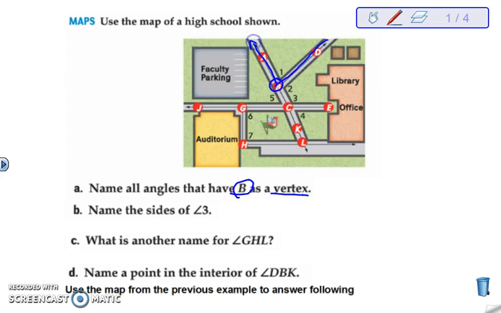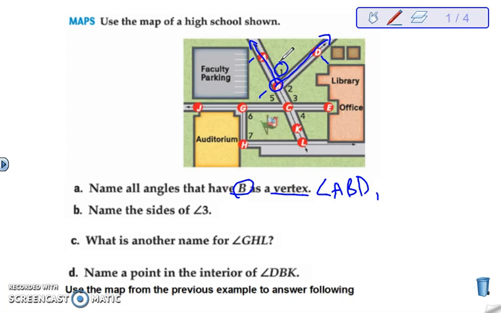So if you notice, we could draw an angle there. It's going to pass through 3 points, right? It's going to pass through A, B, and D. So I can call that angle A, B, D. I could also have called it angle 1 because the 1 is the one that's inside of that angle.